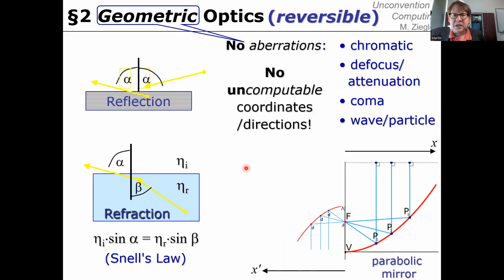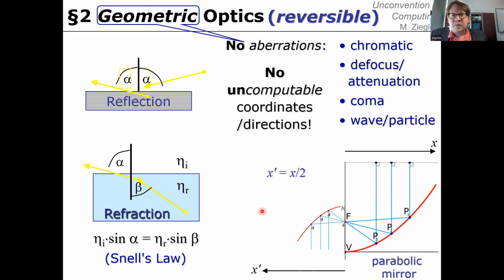And then it's easy to see that the distance of incoming light rays, x, yields the distance of the outgoing light ray to the symmetry axis, which is x prime equal to x over 2. So that means this optical combined device of two parabolic mirrors essentially scales light ray distance by 1 over 2.